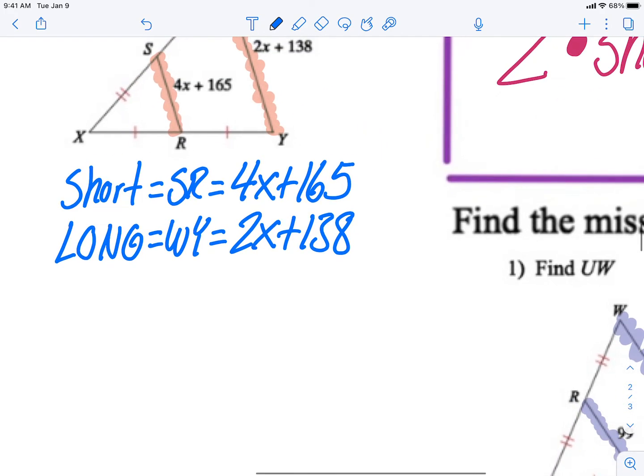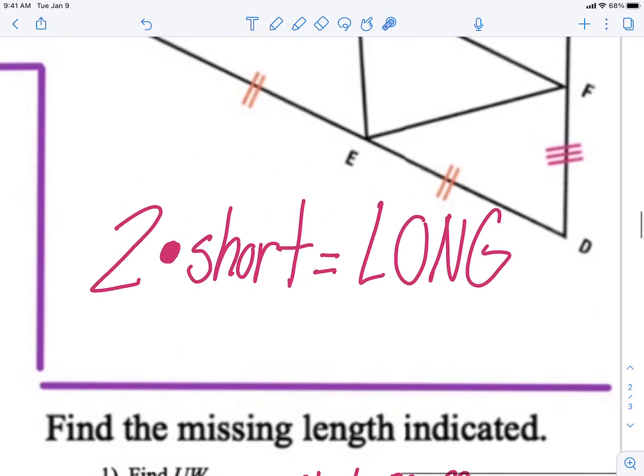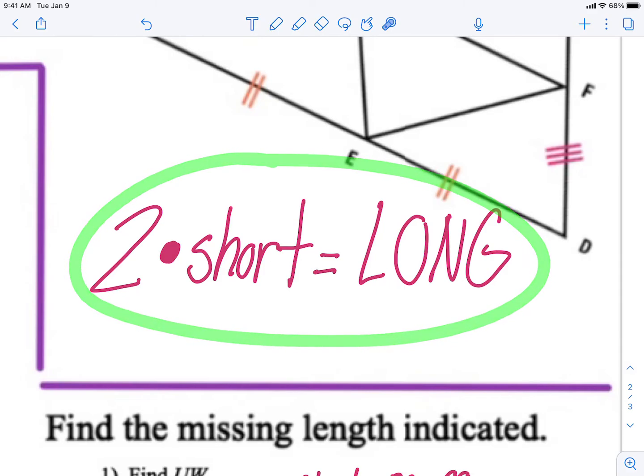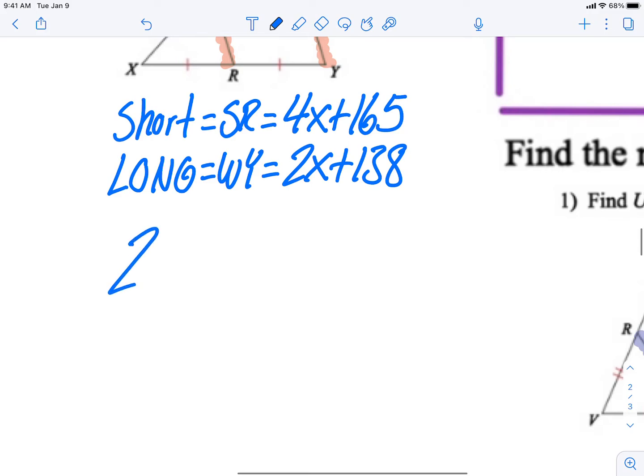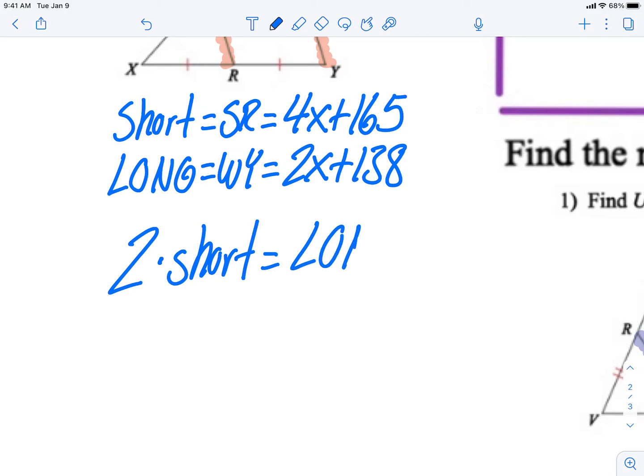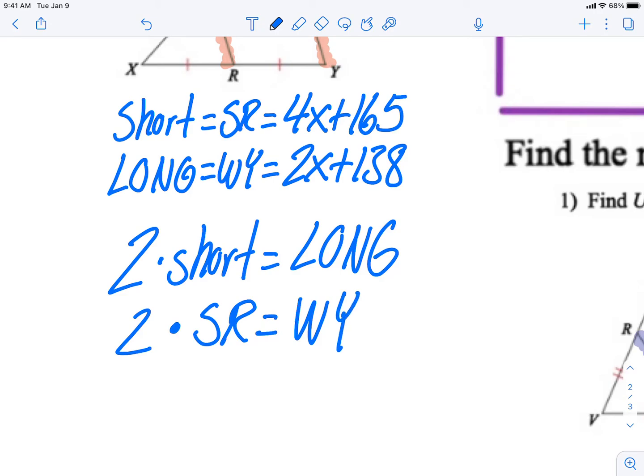So now let us use our formula right here. 2 times the short is equal to the long. So 2 times the short is equal to the long. Well, the short is SR, so 2 times SR is equal to the long, which is WY. Right? So 2 times the short equals the long. Now let's substitute.